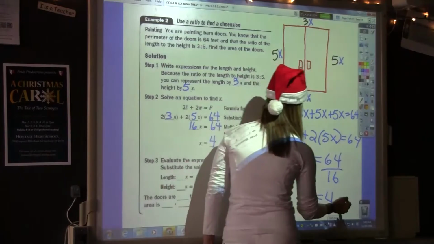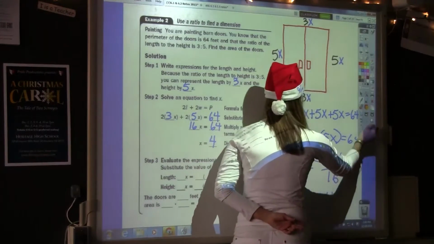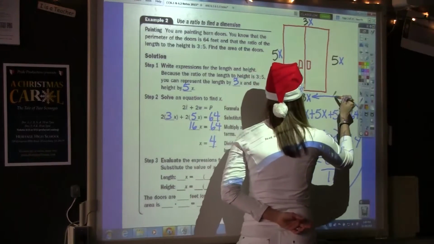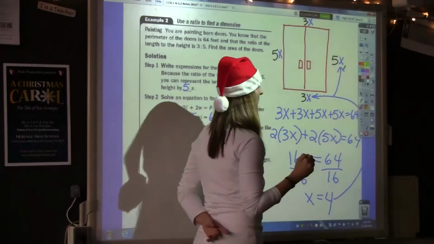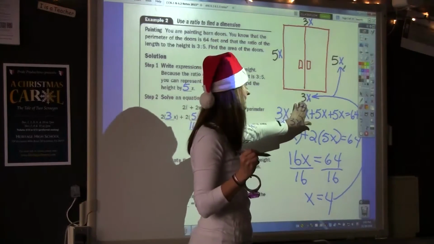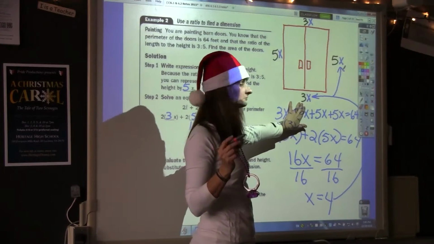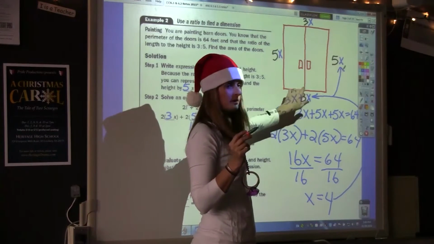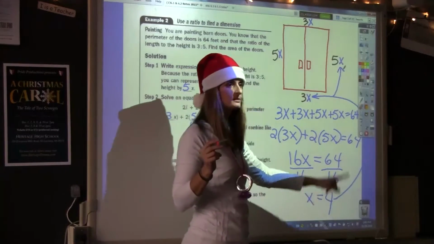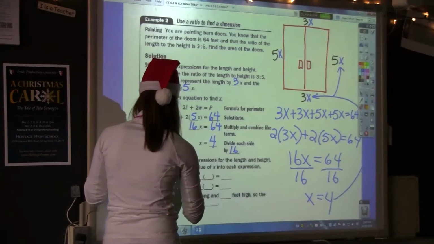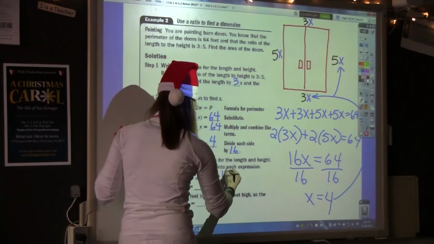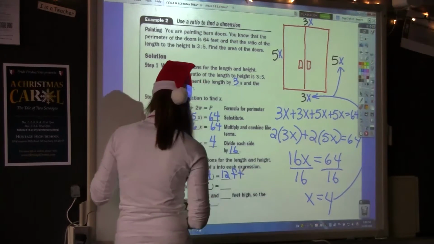So now we can take this. We've got to plug that back in to figure out the length and the height. So what are those going to be? What's the length now going to be now that we know that the value of x is 4? 12. 3 times our 4, which is 12. Okay. And we're working in feet, right?